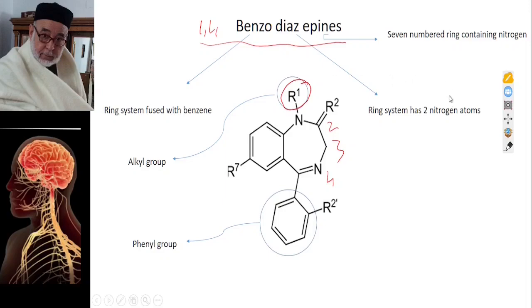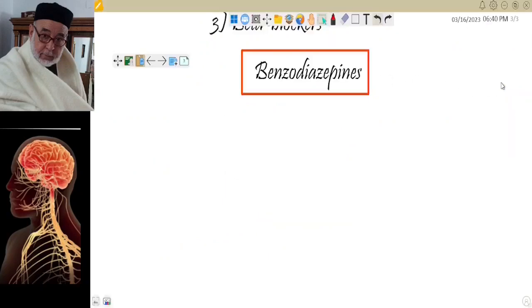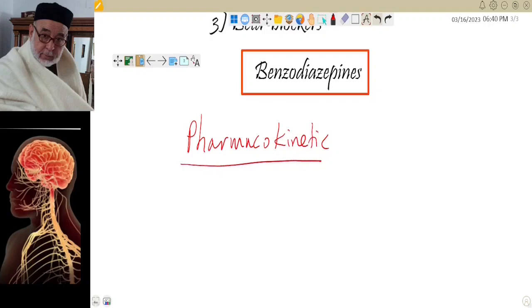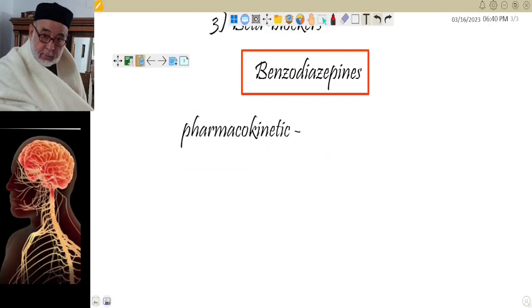So how do the benzodiazepines differ from each other? They differ in 2 major properties. The first is the pharmacokinetic property, and they also differ slightly in the pharmacodynamic property.